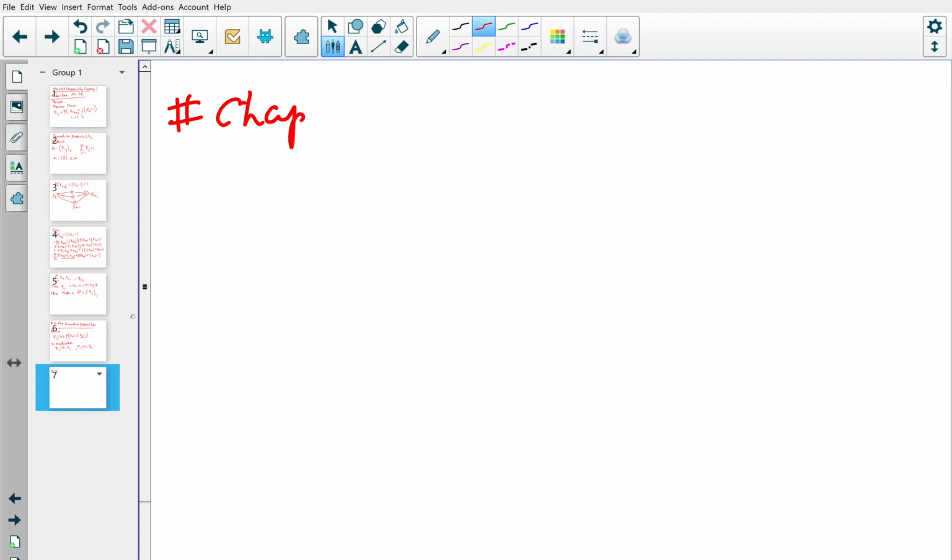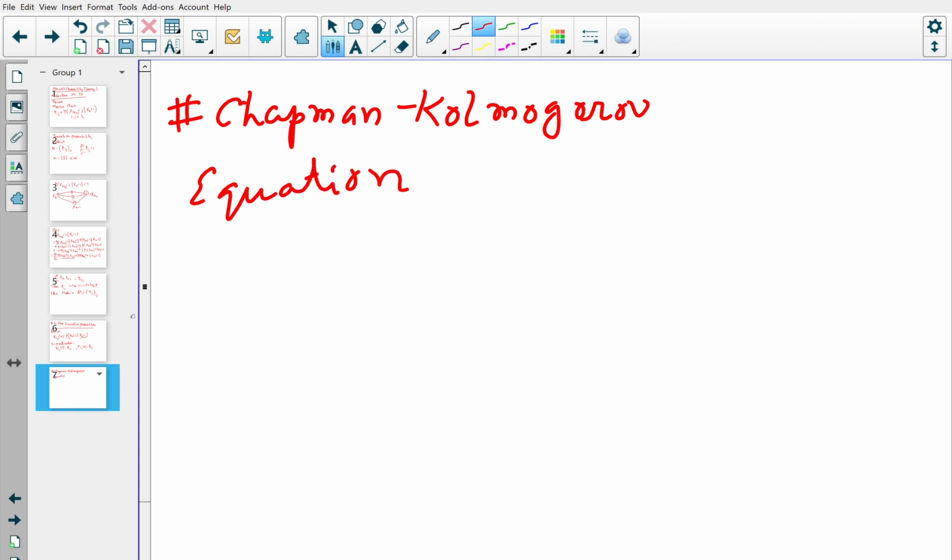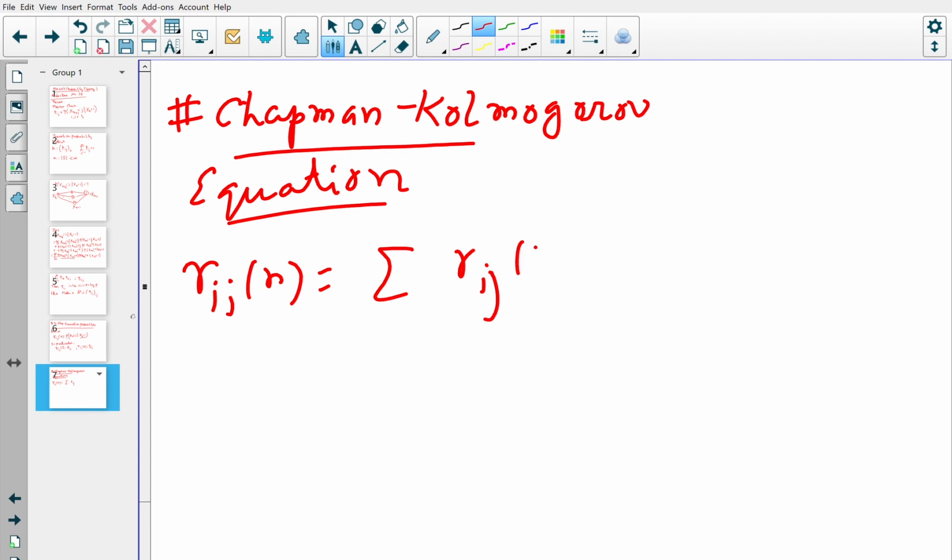Chapman-Kolmogorov equation. Chapman-Kolmogorov tells you that Rij of n is nothing but the sum over k of Rik of n minus 1 into Pkj, the single-step Pkj, where k is running from 1 to m.